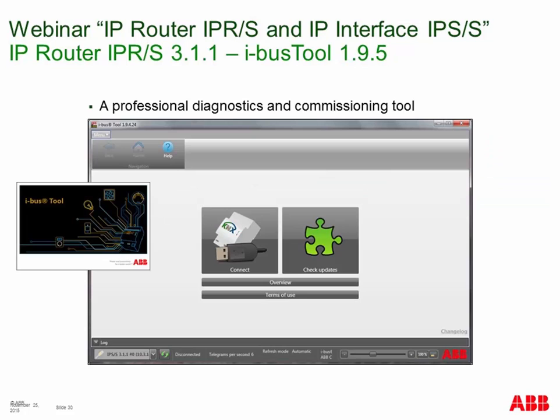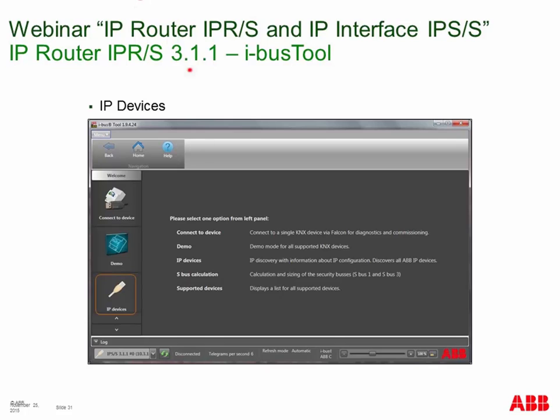Now I would like to show you some more details from the IBAS tool. As with all new components, we support the IBAS tool also here, and I would like to show you what you can do here. First of all, we talk about IP devices. If we talk about the IP router and the IP interface, from the IBAS tool point of view, we have to go here on IP device.